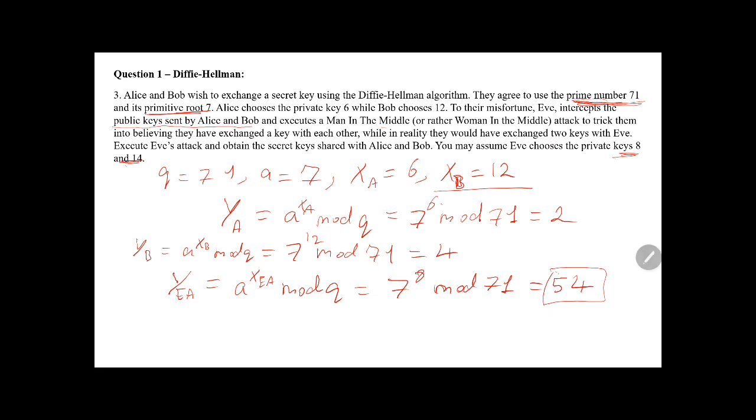So now we have the public key between Eve and Alice. We do the same for Eve and Bob.